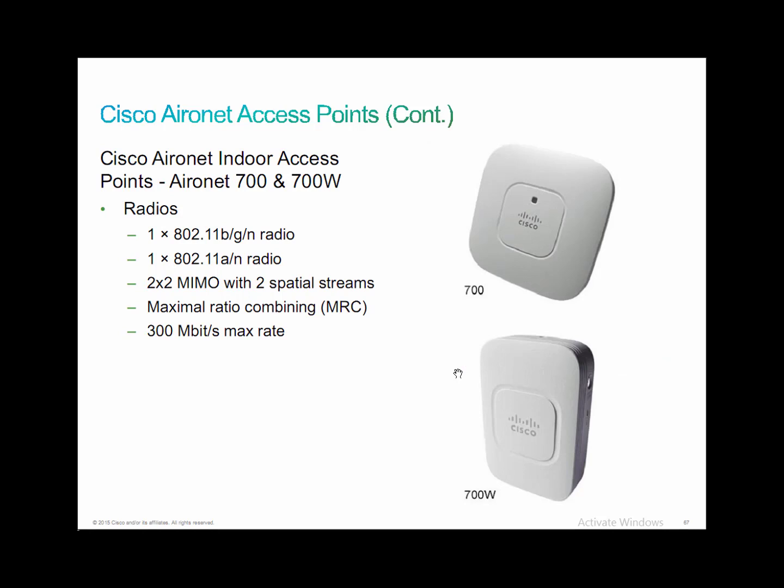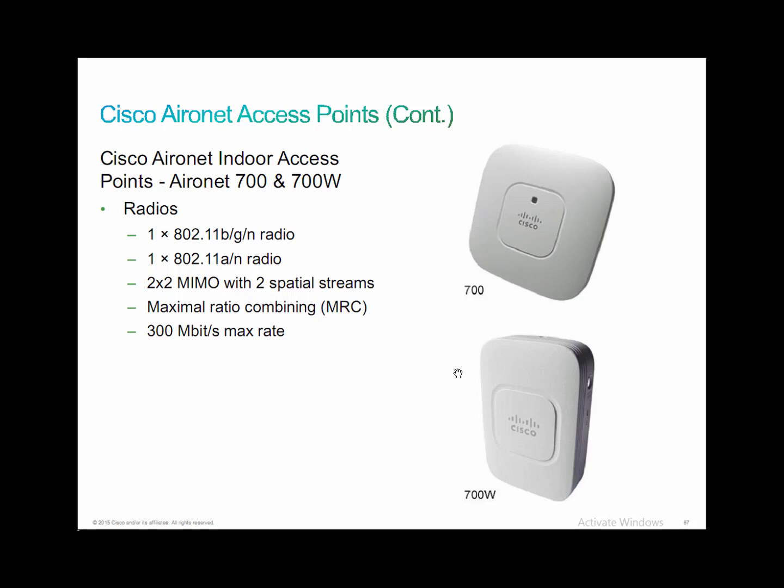The 700 series offers the same kind of connectivity, 2.4 and 5 gigahertz. Both radios can operate concurrently. 2x2 with 2 spatial streams, 20 megahertz wide and 40 megahertz wide channels, 802.11n, up to 300 megabits per second. 1 console port and 802.3af power requirements.